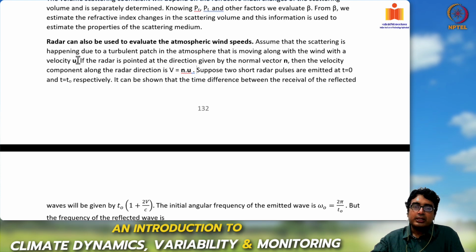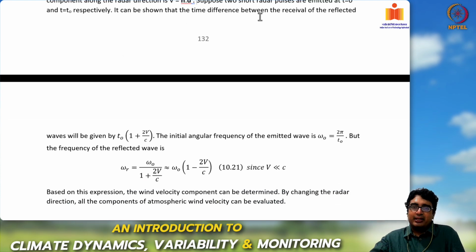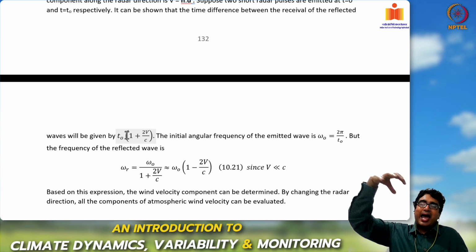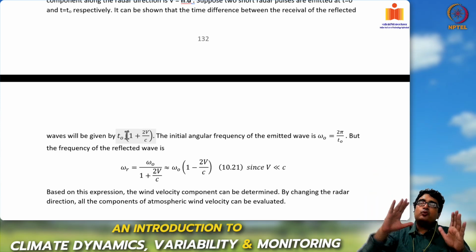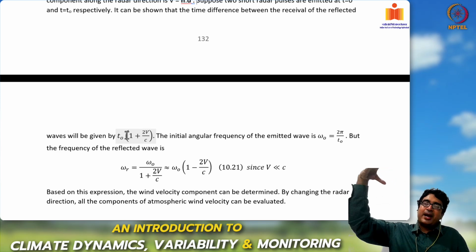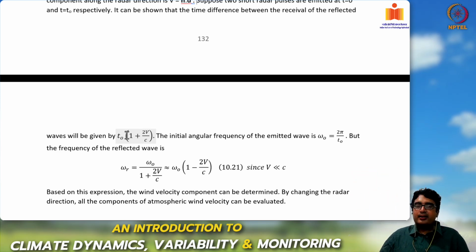It can be shown that the time difference between the receival of the reflected waves will be given by the following. Because the turbulent patch is moving with the winds, the reflection time between the pulse that is emitted at 0 seconds and the pulse that is emitted at t0 seconds will be changing, because the turbulence patch is either moving towards or moving away from the radar at a velocity v equals n dot u.